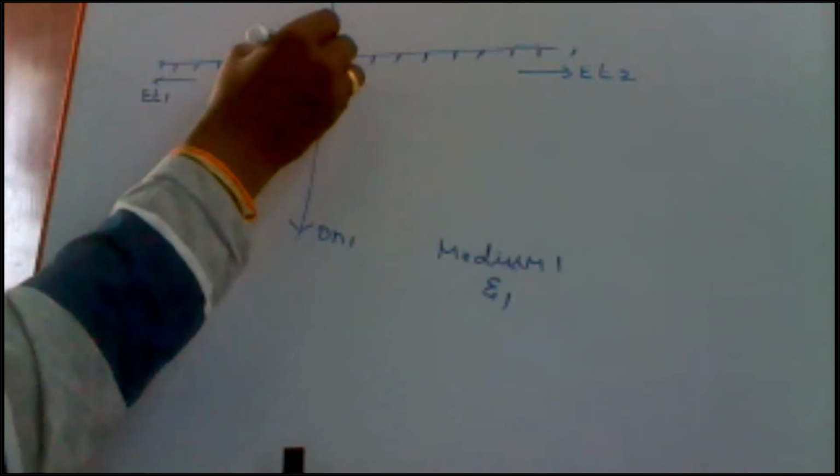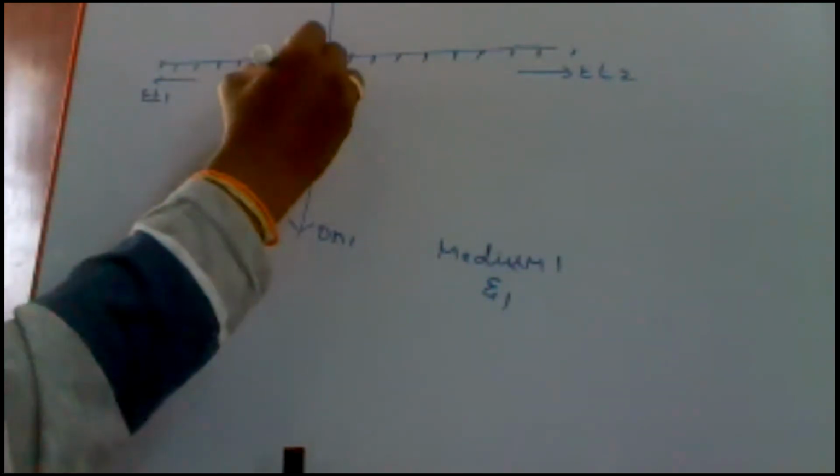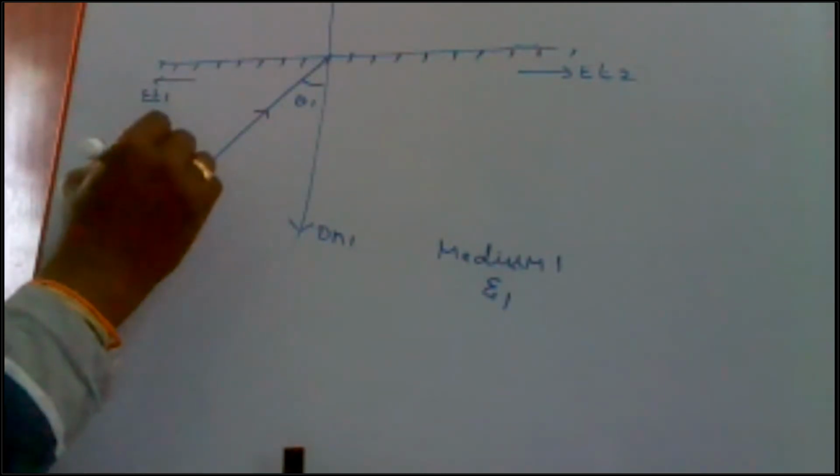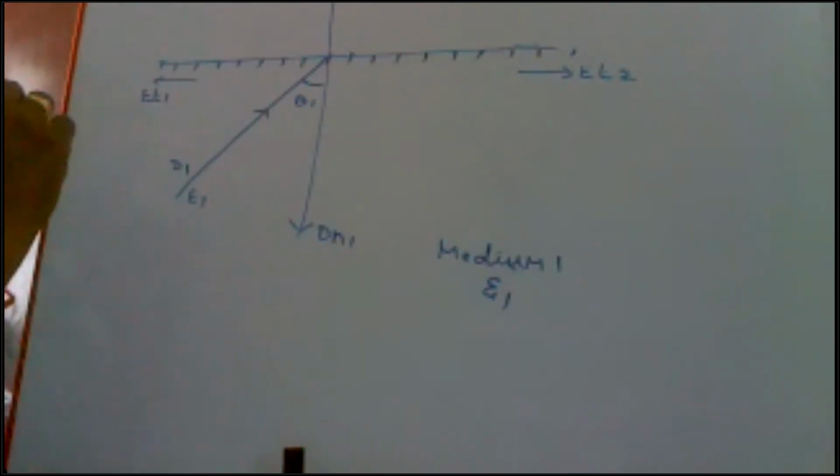So this angle I am taking it as theta1 in medium 1. இங்க வர்ற d value வந்து d1, e value e1 எடுத்துக்கலாம். So at origin what happens, இந்த surfaceல இது படும்போது இது வந்து ஒரு incident ray.